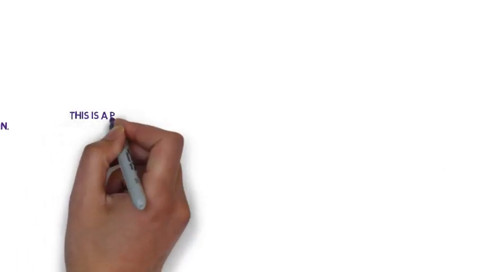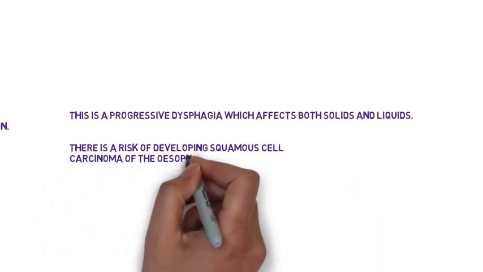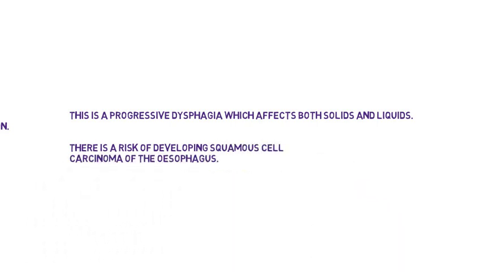So there's very poor movement of food within the esophagus. This will cause dysphagia, which affects both solids and liquids, and there is a small risk of developing squamous cell carcinoma of the esophagus.